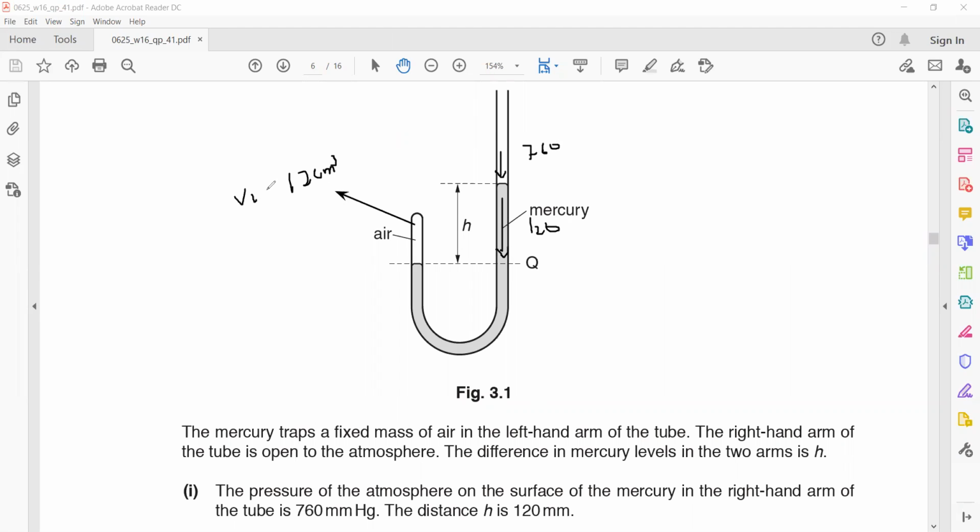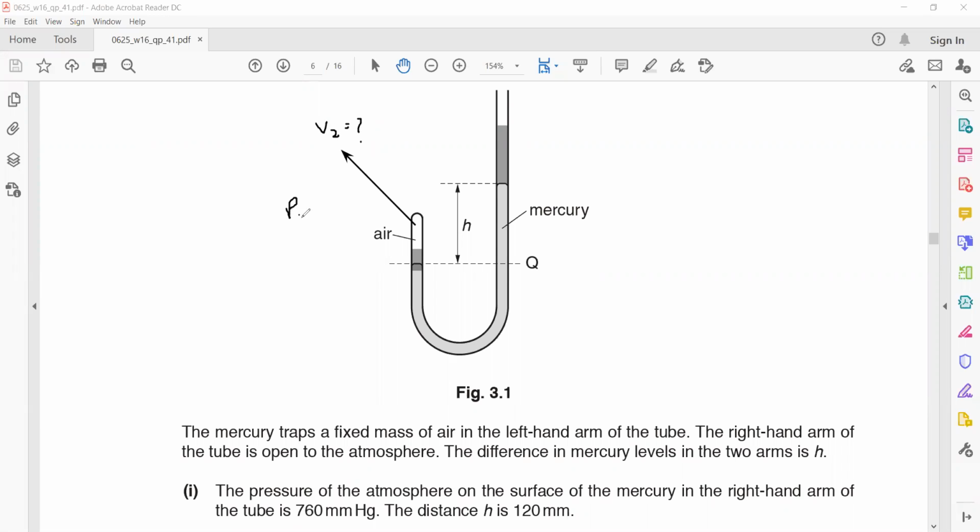So volume V1 is 12 and the pressure on the air is 880. That is the first thing. But now, as we add more mercury, because the pressure increases, the volume will decrease. So the new volume of the air, we don't know, that we are finding.